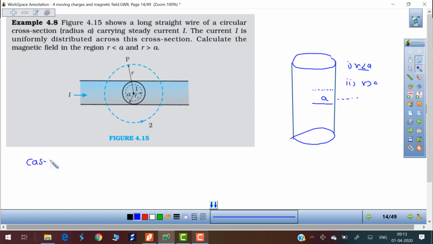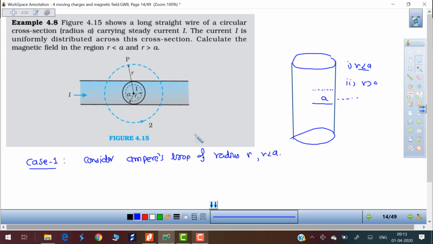So case 1. Consider an Ampere loop of radius R less than A. And second thing, the center of the loop is at the center of the conductor.